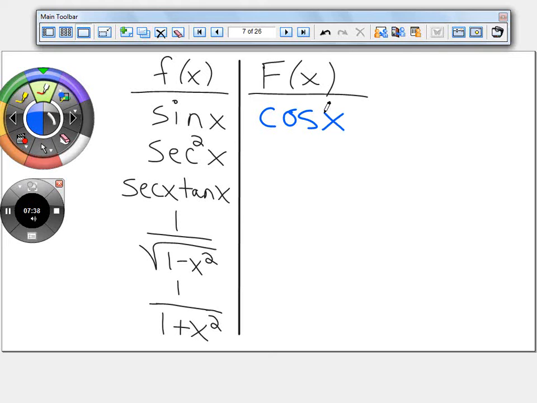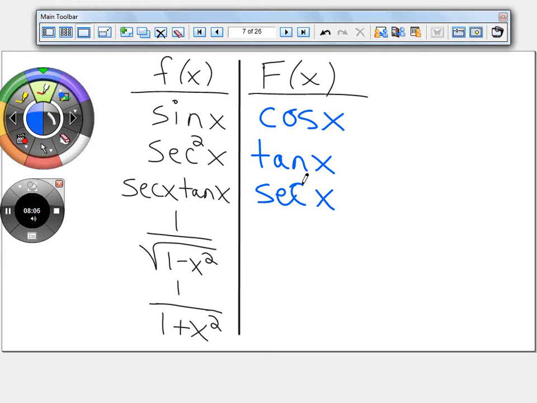How about secant squared? Can you think of a function that, if you took the derivative of it, you would actually get secant squared? So you might be getting the idea here. Yeah, that function would be tangent. So the antiderivative of secant squared is tangent. Can you think of a derivative that, when you find it, gives you secant x tangent x? Well, that means the antiderivative would be secant x.